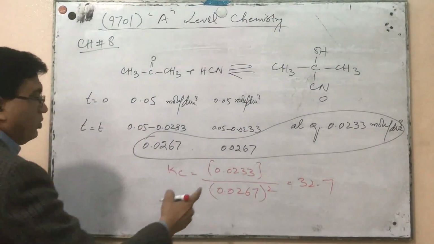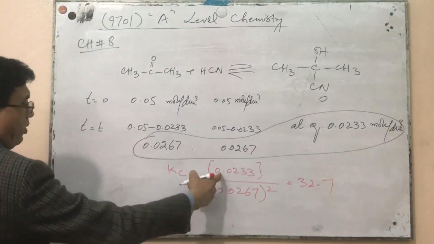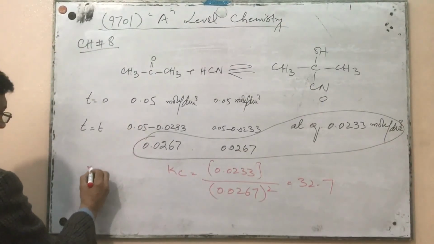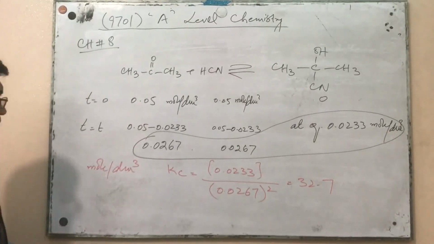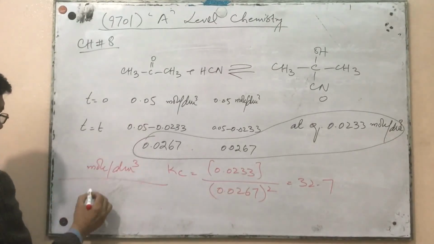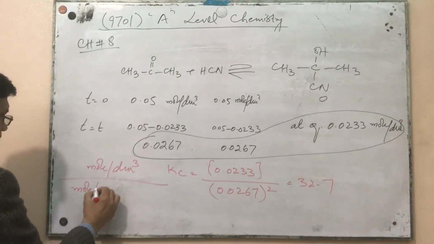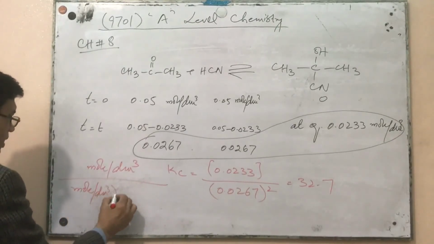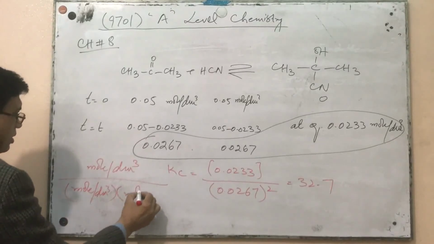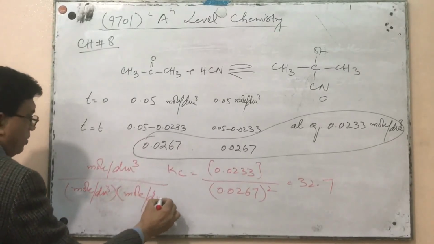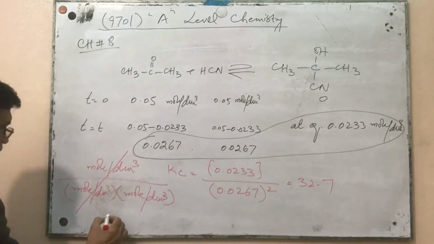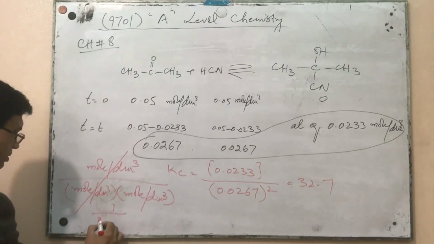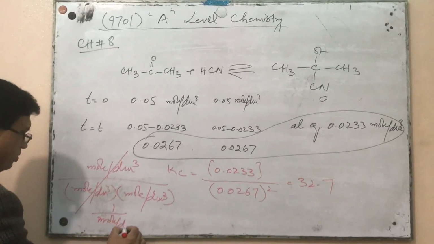And if we find out the unit, then for one bracket we will put mole per dm cube, and for two brackets we will put mole per dm cube and mole per dm cube. It means that one mole per dm cube will be cancelled out, and we will get only 1 over mole per dm cube.